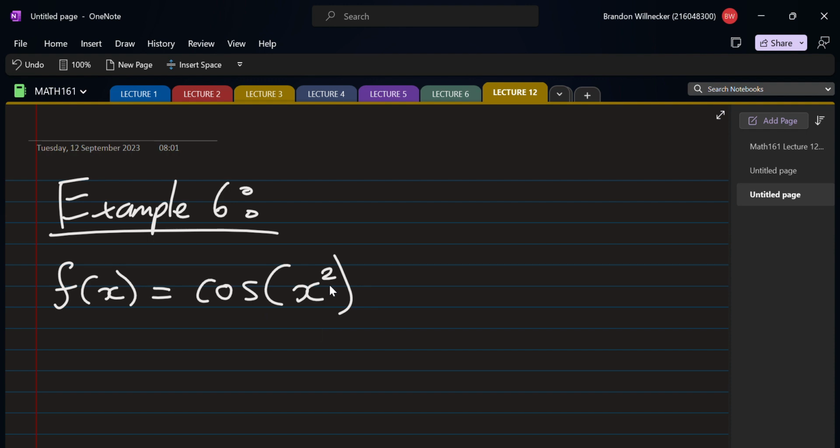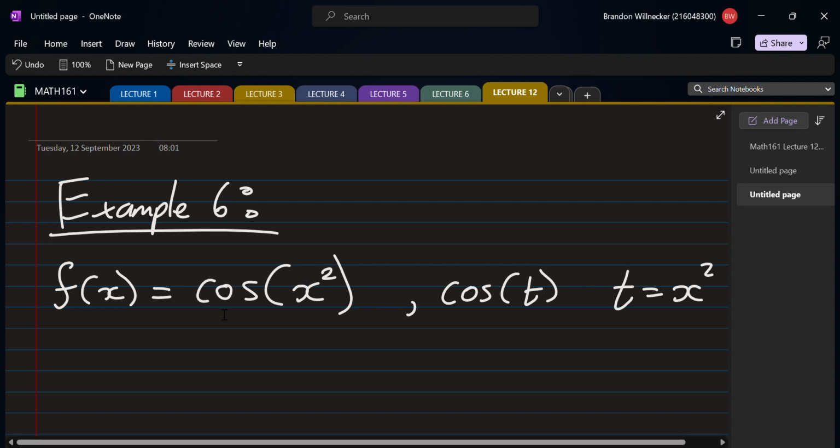It gets quite messy. So instead of that, what we're going to do is write this as cos of t, where t is equal to x squared. So I've identified my outside function as cos of t, and the inside function t is equal to x squared.